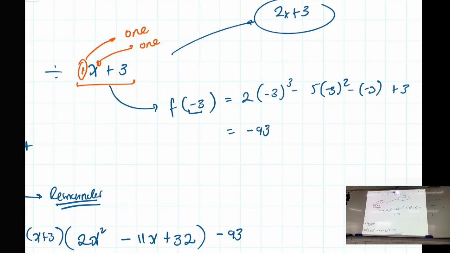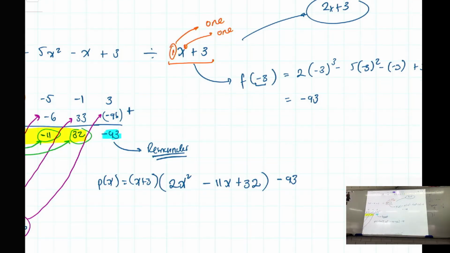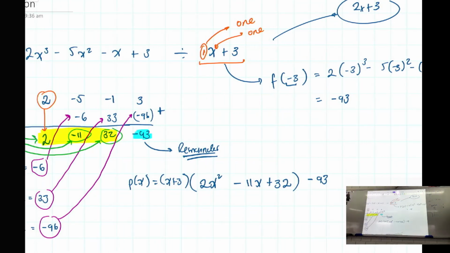You can, but there is another level to do that. You need to divide everything by 2, and then do the whole process again with a fraction. So I don't want to overcomplicate this. If by any chance the divisor is in this form, do not use synthetic division.